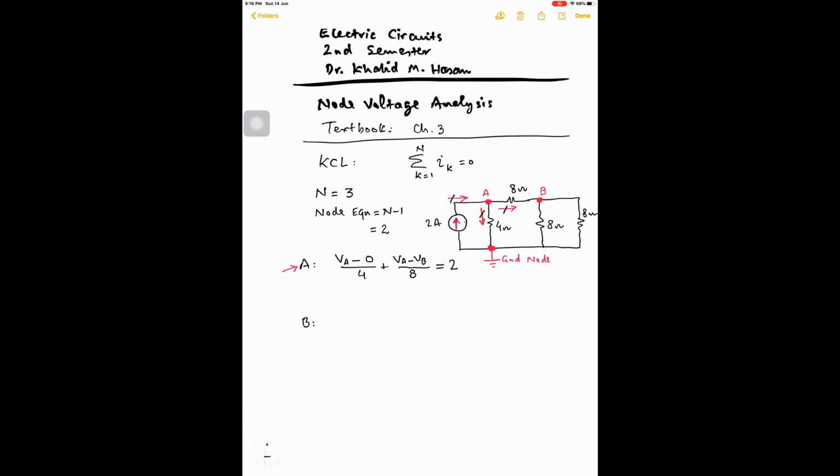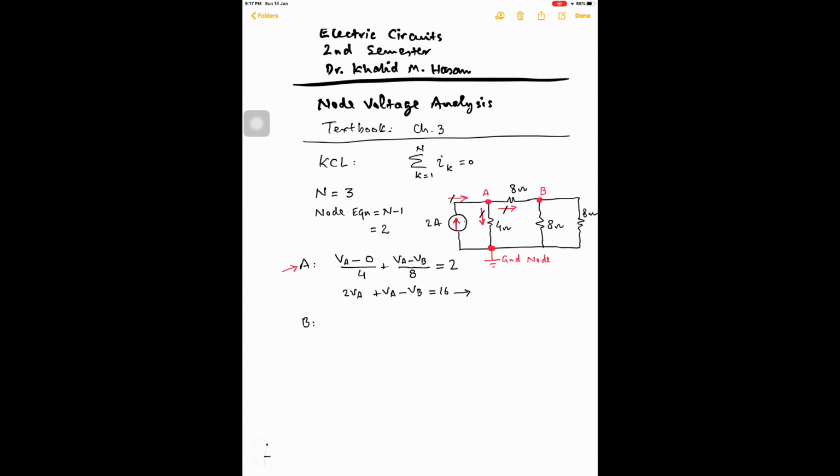We can simplify this equation by multiplying everything by 8. So this will be equal to 2VA plus VA minus VB, and as we are multiplying everything by 8, so the right hand side is 16.